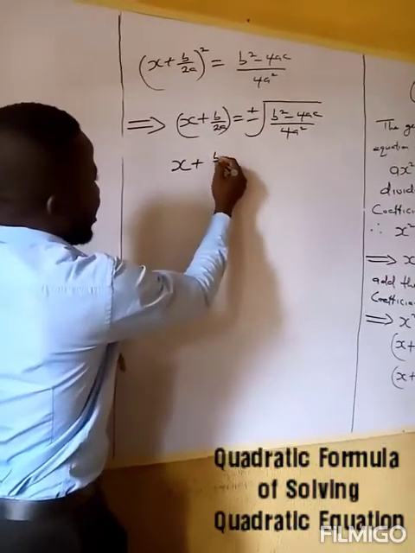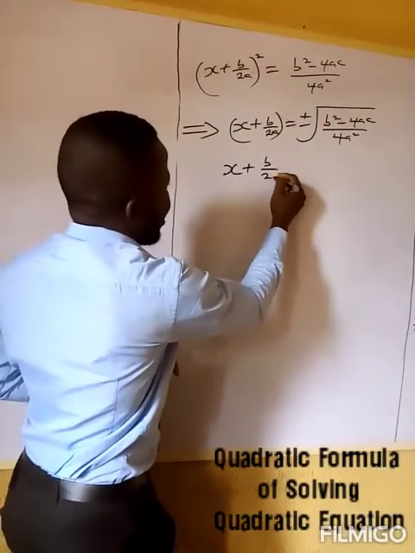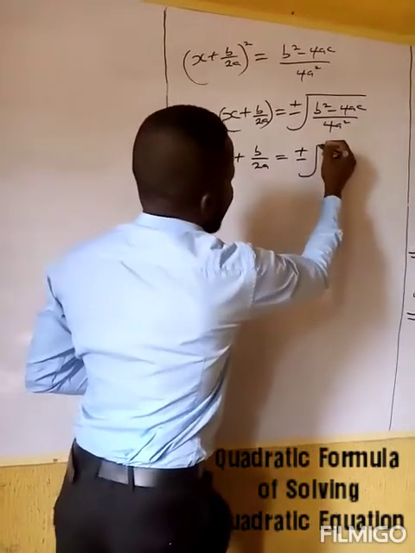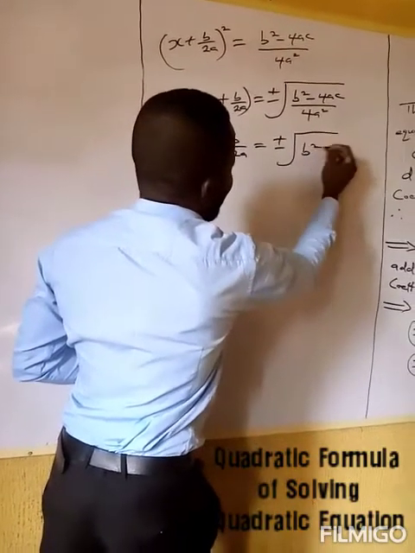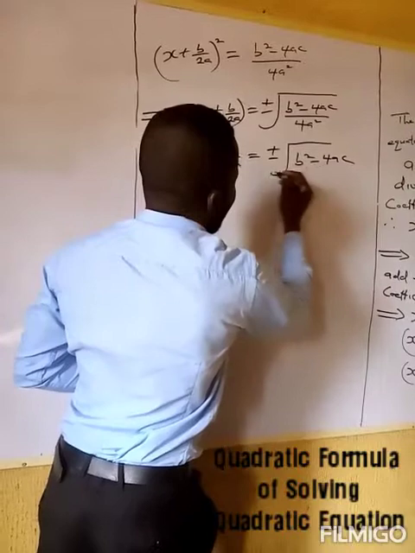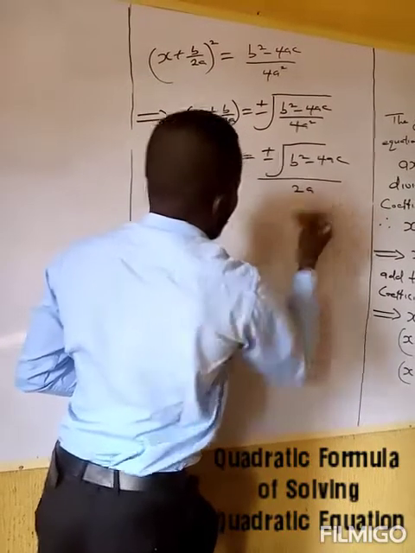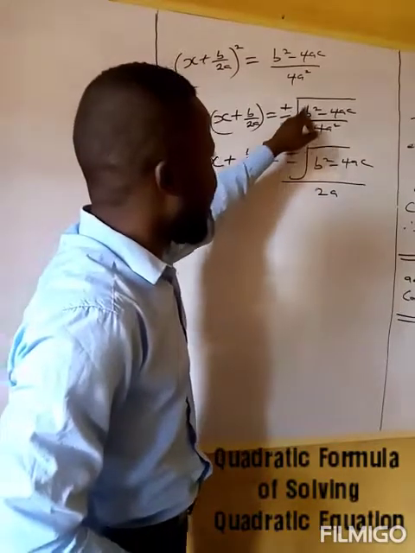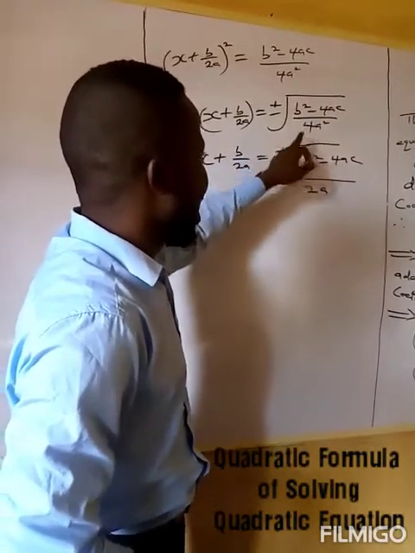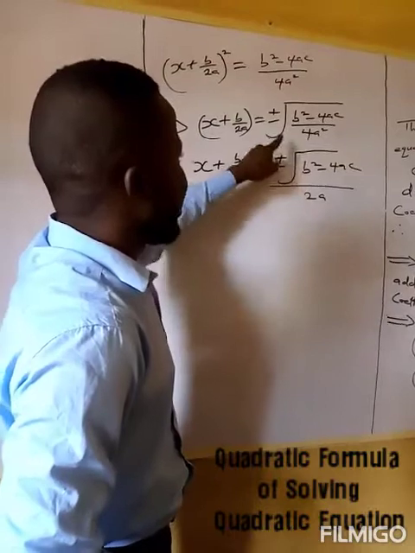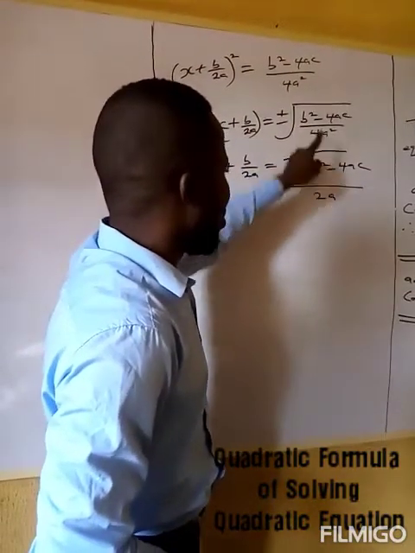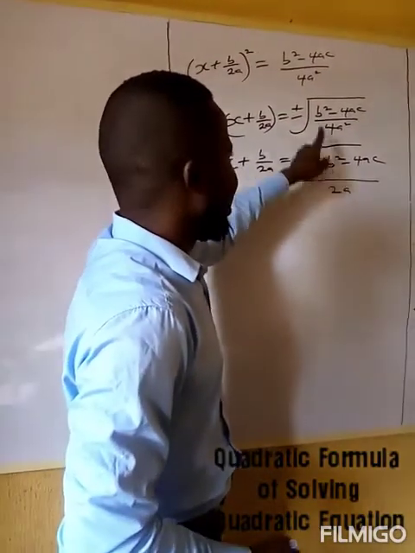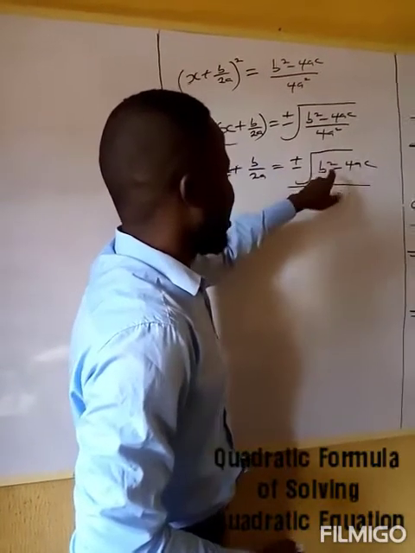Here I can say s plus b over 2a gives us plus or minus root b squared minus 4ac all over 2a. What did I do here? Since this root is affecting both numerator and denominator, the root of 4 gives us 2, the root of a squared gives us a, and the root still affects the numerator.